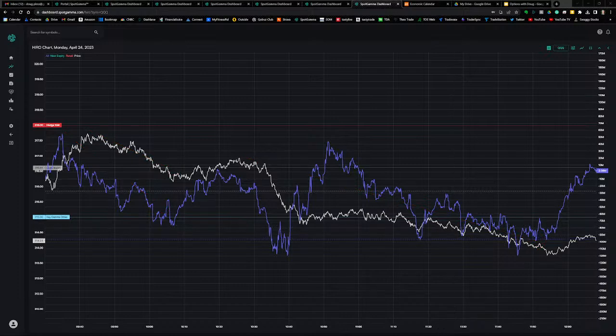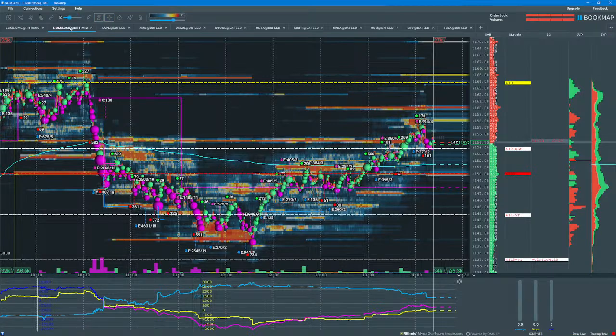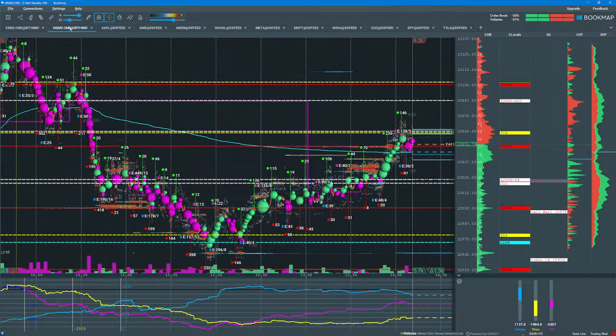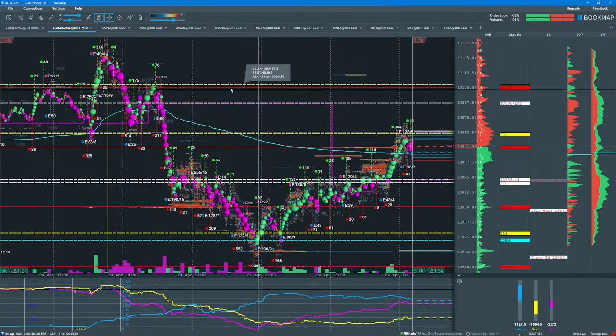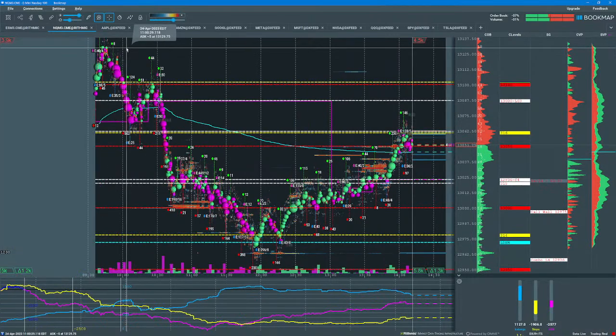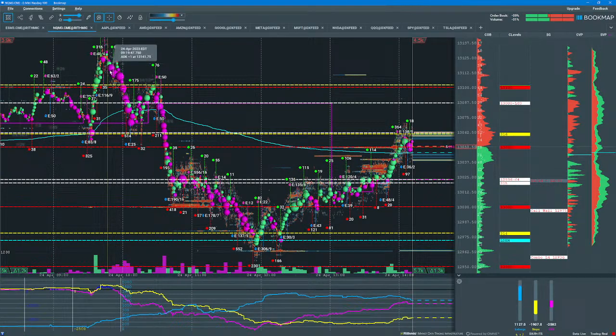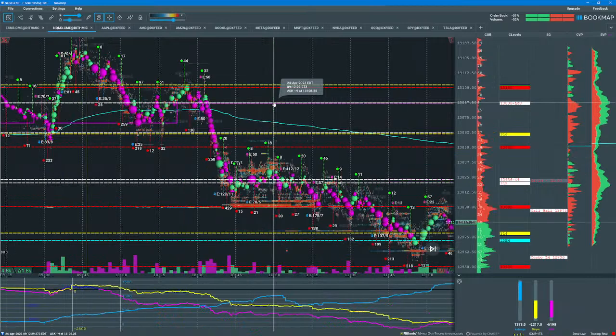All right, let's take a look at, first of all, NQ. So as I mentioned before, here's the first. Let's zoom in on this. Here's the morning session, the first reversal lower.